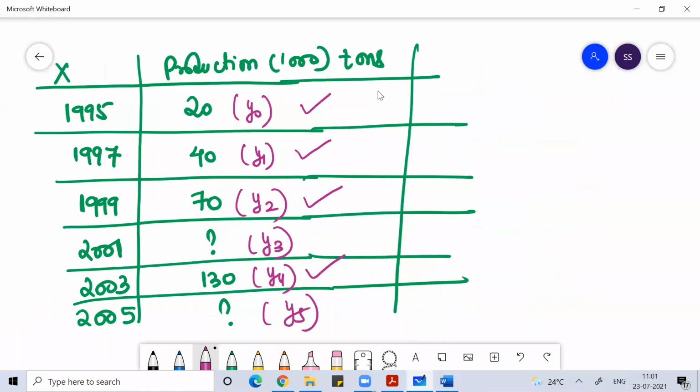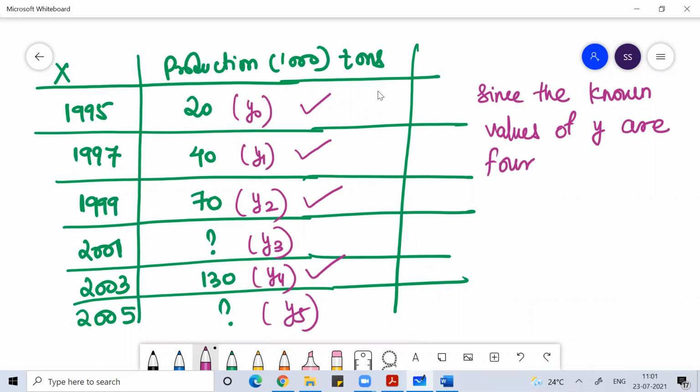So you can write: since the known values of y are 4, the fourth order leading difference will be 0. You just need to write this because four values are given.